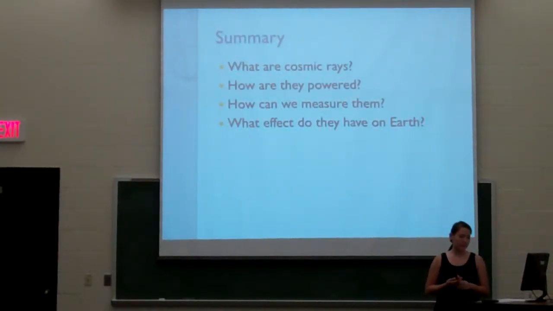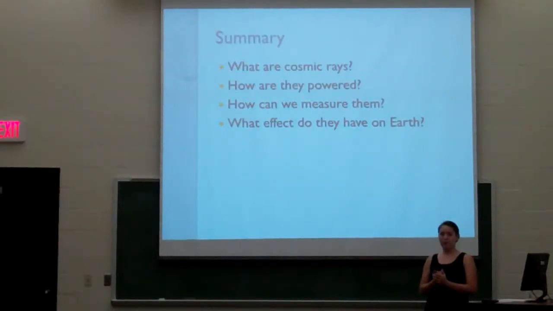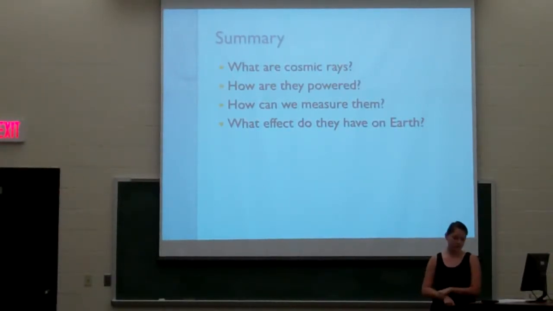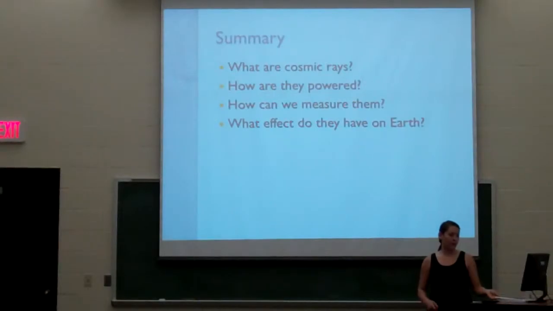So in summary, cosmic rays are subatomic particles, nuclei that have had their electrons stripped. They produce radiation and ionize air very rapidly. They're made up of mostly hydrogen, some helium, and then a small amount of other elements. How are they powered?